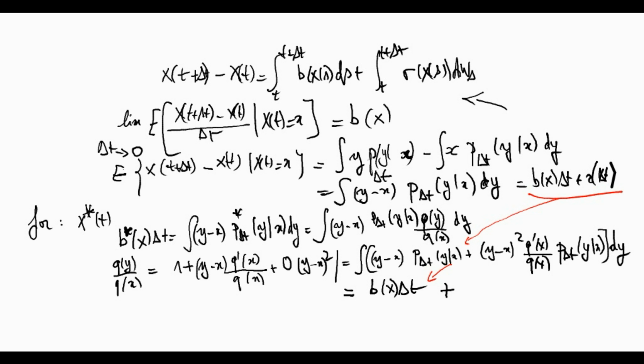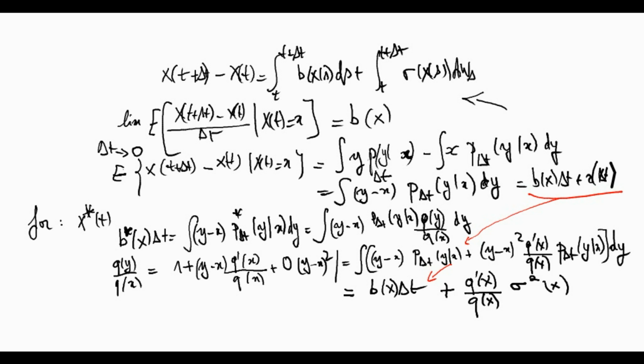Now we integrate with respect to dy, so x is fixed, so this is q prime divided by q. And now if the tensor for this term is sigma, so we get precisely here sigma square of x.